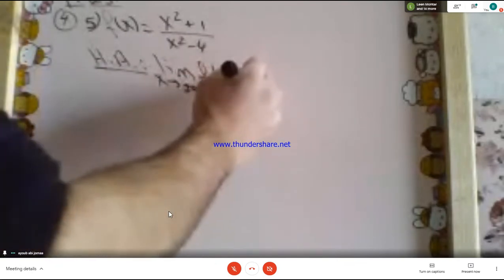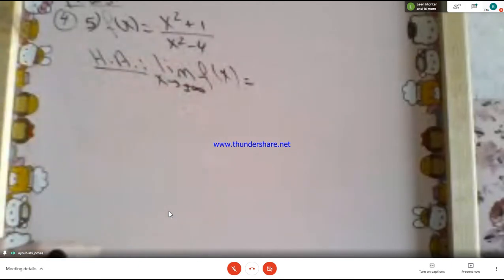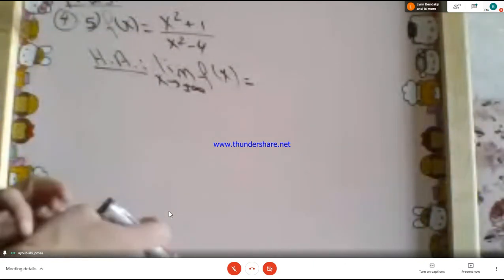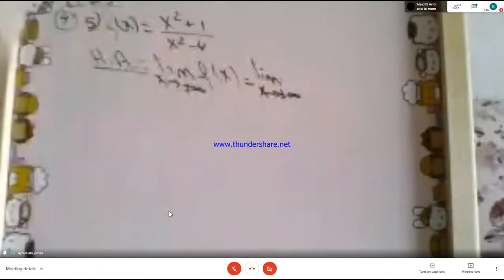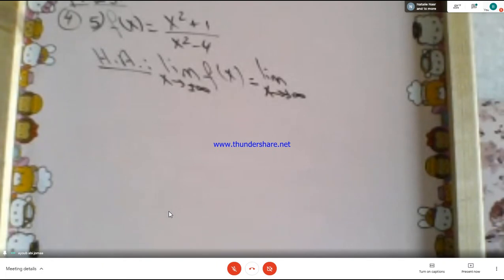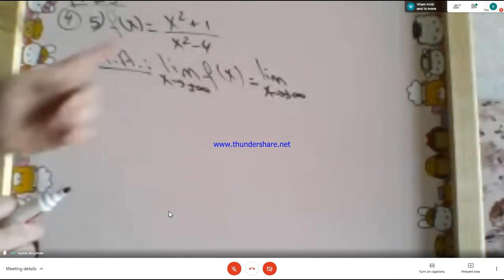Now, in order to find the limit as x approaches infinity for rational functions, how do you find it? What do you think? You take the highest exponents.